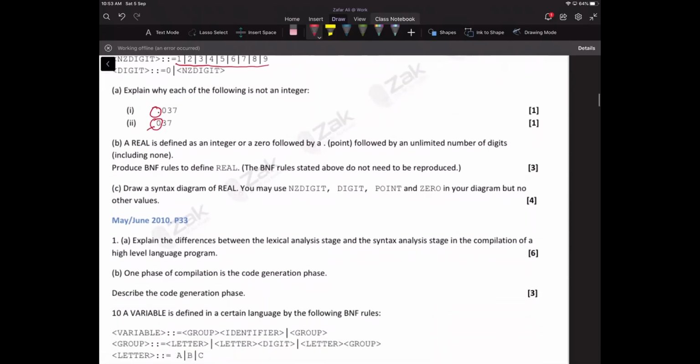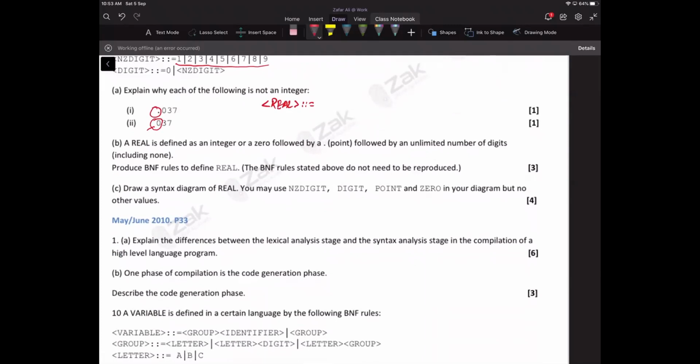A real is defined as an integer or a zero.